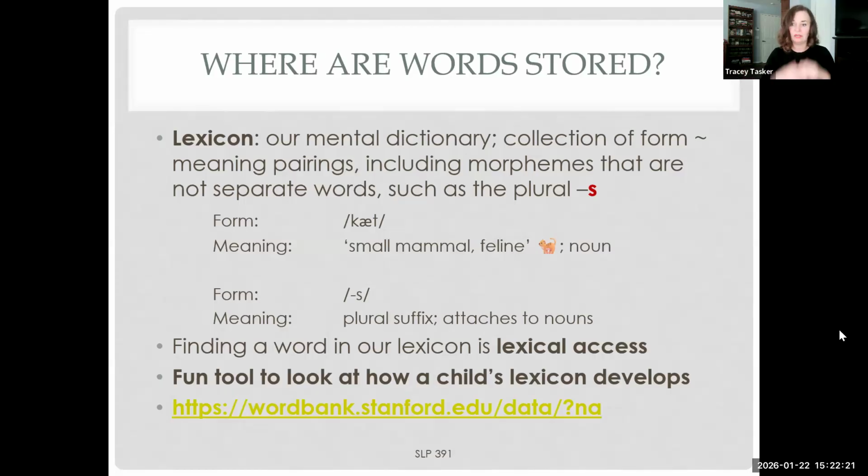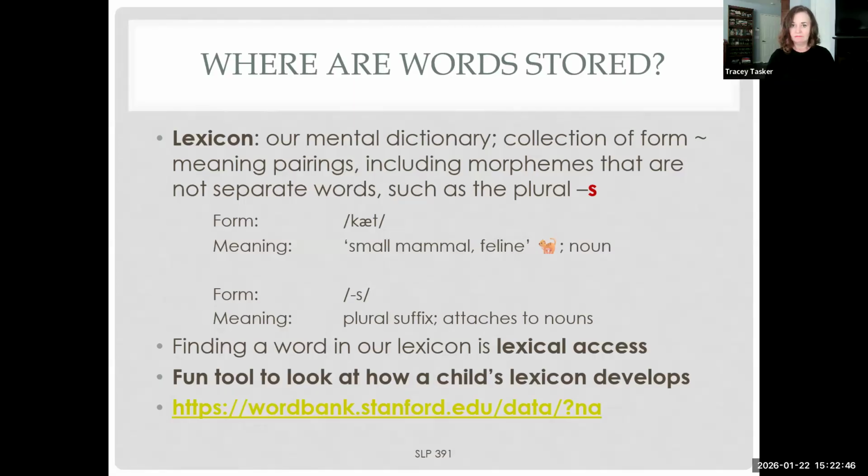So sometimes if someone has, for example, a stroke or traumatic brain injury, they may have trouble retrieving words. They don't have the ability to access them. So I put in here a link to a fun tool called Word Bank. This is an international tool, and it's based on something called the MacArthur-Bates Developmental Inventory.